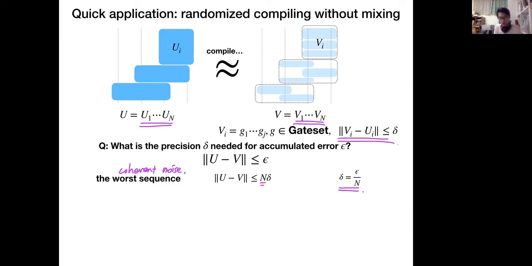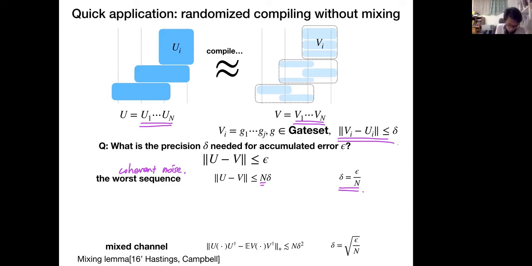And it turns out by using randomization, you can turn this coherent noise into incoherent. And there, it's really similar to qDRIFT. By mixing, the accumulation of error scales only as a square root. Okay, so that means you can just use a coarser approximation locally, and it suffices.